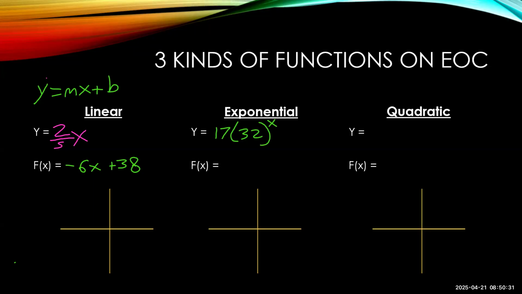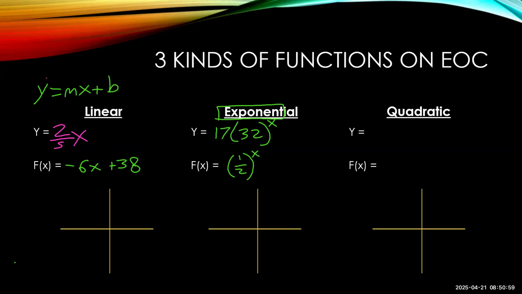Now, where is the x located? The exponent, which is why it's called exponential, because the x is in the exponent. Something else I could put was just 1/2 to the x. Either way, x is in the exponent.